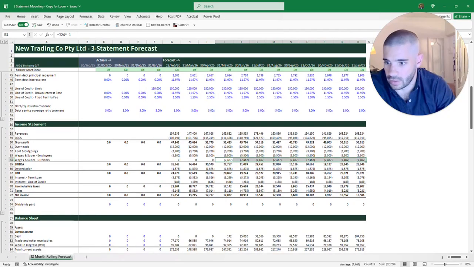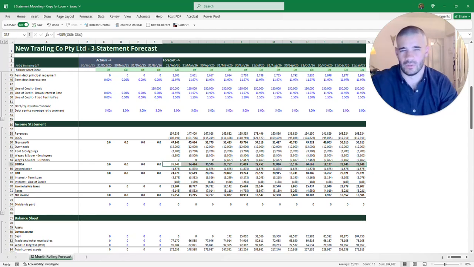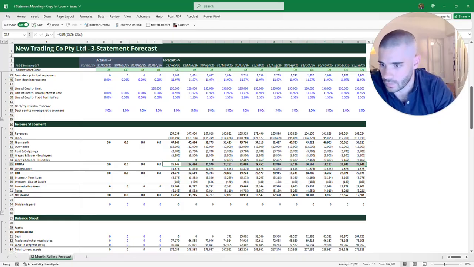That gets us down to EBITDA, earnings before interest, tax, depreciation, and amortization. It's a pretty typical figure. A lot of valuations that people use. Depreciation comes out next, and that gets us down to earnings before interest and tax. We've got interest on the main business loan, and then we've got some interest on the overdraft facility.